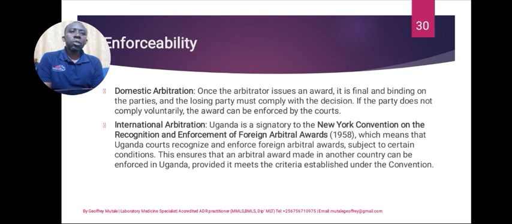And if it is an international arbitration, Uganda is a signatory to the New York Convention on the Recognition and Enforcement of Foreign Arbitral Awards, made in 1958, which means that Uganda courts recognize and enforce foreign arbitral awards subject to certain conditions. This ensures that an arbitral award made in another country can be enforced in Uganda, provided it meets the criteria established under the convention.